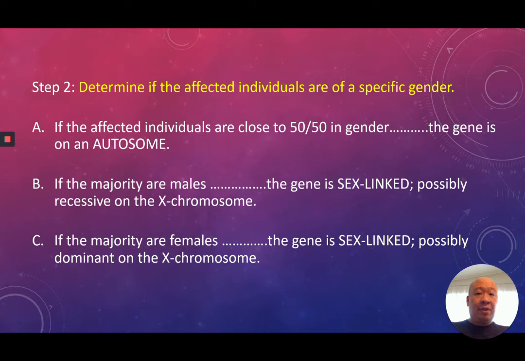Now, in this case, we're going to say that it could be sex-linked, and it's very possible that it's a dominant gene on an X chromosome. Okay. There doesn't need to be many more females than males, okay, because it's just a slight increase. Okay, but usually if you count more females than males, you might be leaning towards sex-linked dominant.